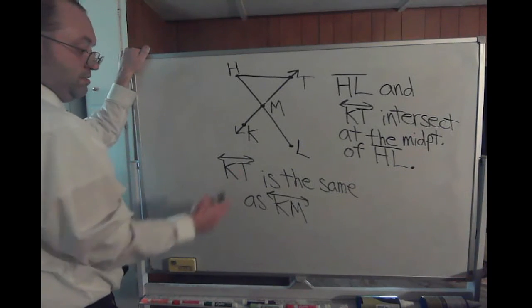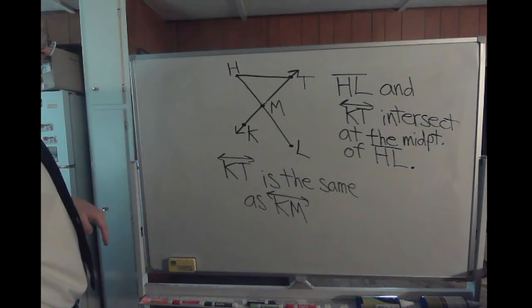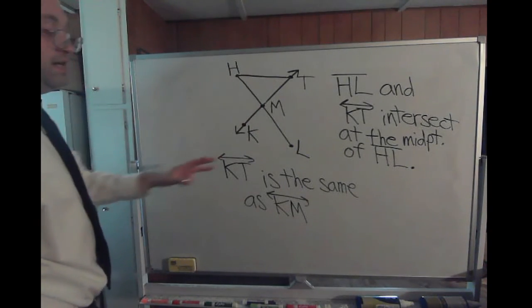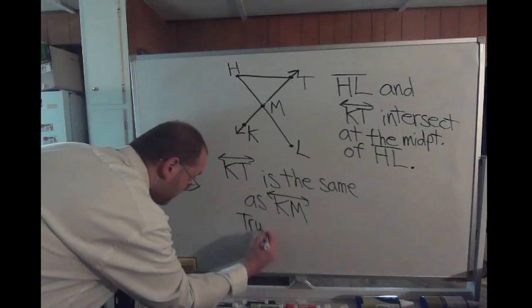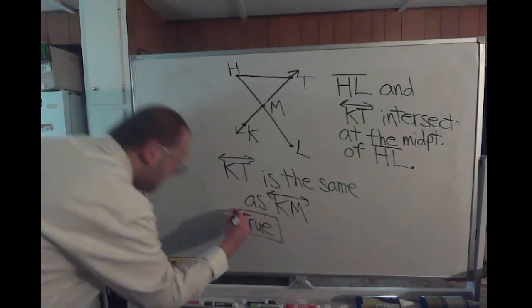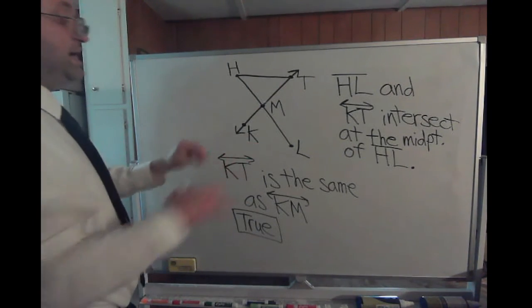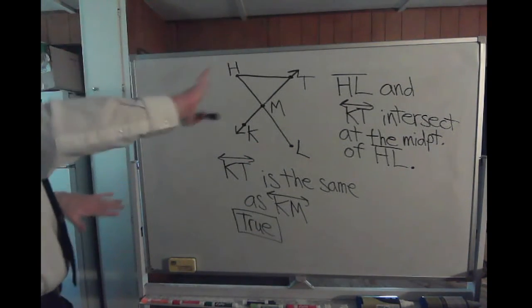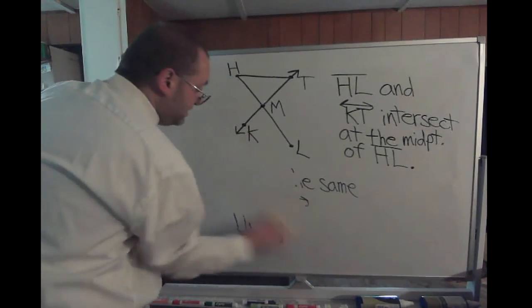Well, both T and M lie on the same line, do they not? And it goes to all points beyond the endpoint, so this is actually true also. This is another true statement. Because M and T are on the line, so is K, and a line goes infinitely in all directions, in both directions, beyond all those points. So that's another true statement.